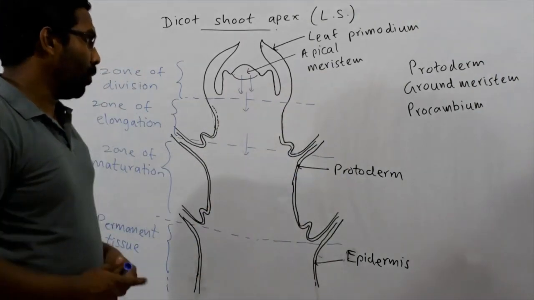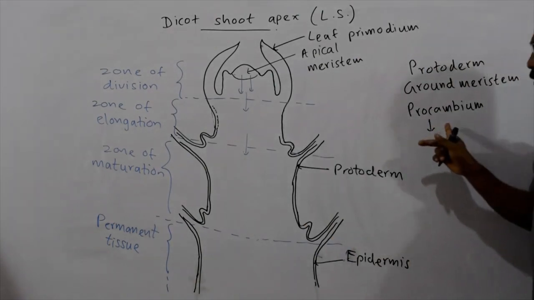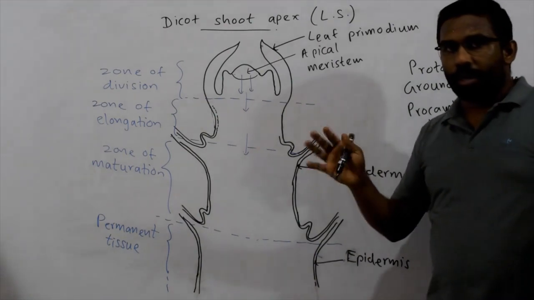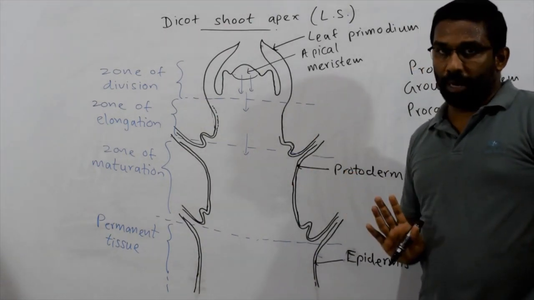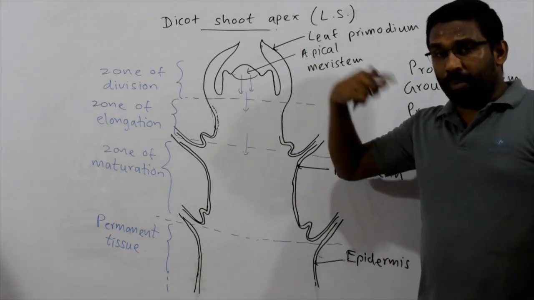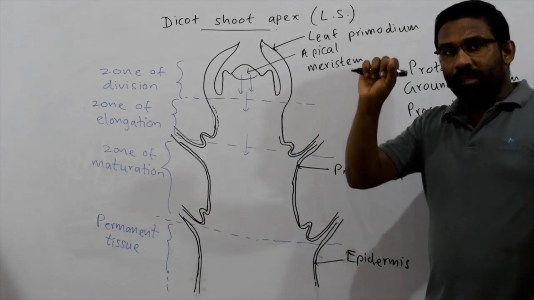Okay, that's about protoderm. Then procambium: as in the root, procambium produces vascular bundles. That means primary xylem, primary phloem, then the intrafascicular cambium of the vascular bundle. If you recall the permanent tissue structure, we said just outer to the phloem of the vascular bundle, it has a sclerenchyma capped region.